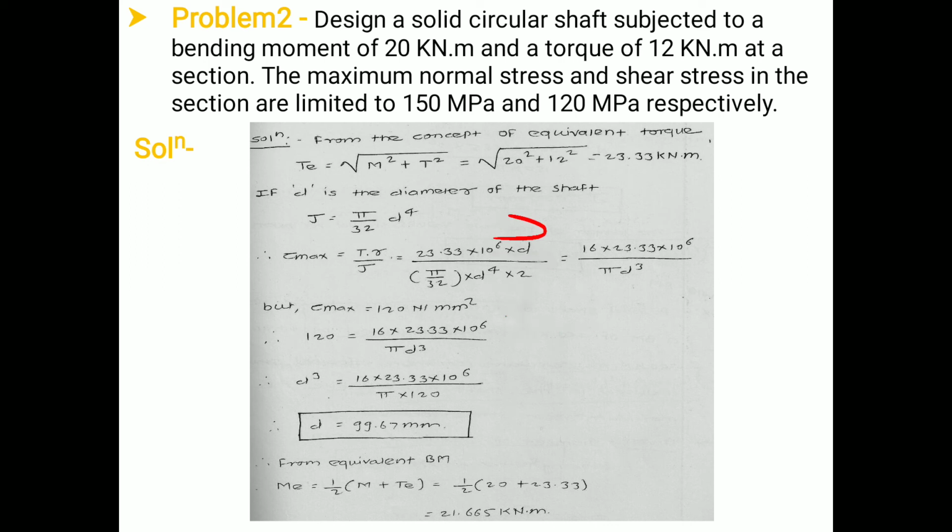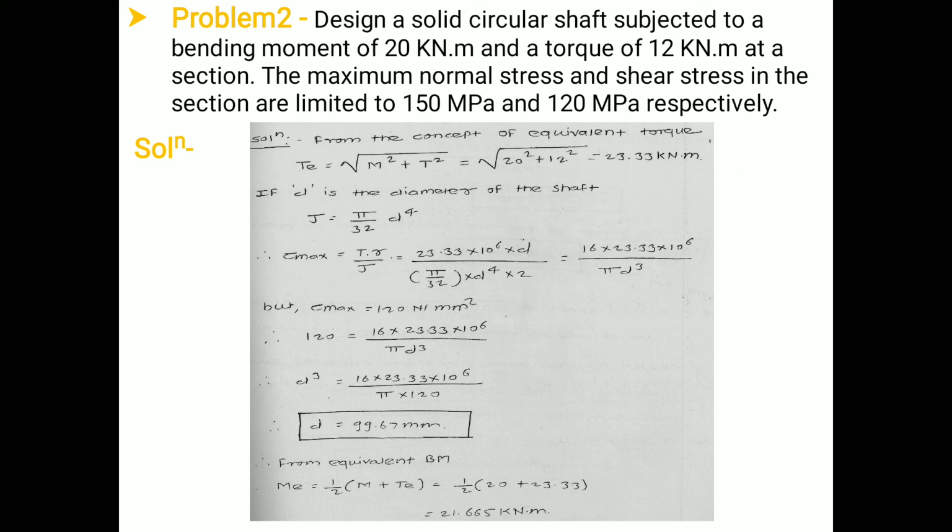The value of J is pi by 32 d raised to 4. On solving this we have the equation 16 into 23.33 into 10 raised to 6 upon pi d cube. In the numerical the value of maximum shear stress is given, therefore this value will be 120 newton per mm square.